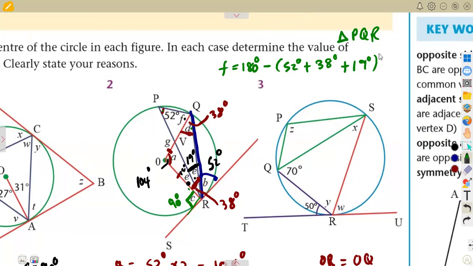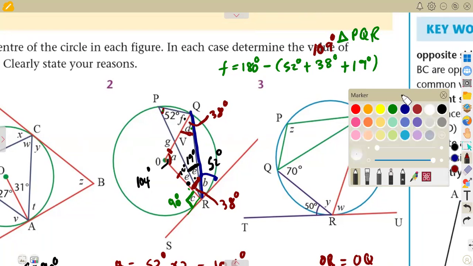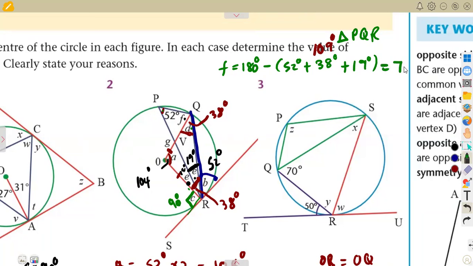So you are going to subtract these angles from 180 degrees. The sum of these angles is 109, and 180 minus 109 is 71. So it means F is equal to 71 degrees. So that is our angle F at the end. Our angle F here is 71 degrees.